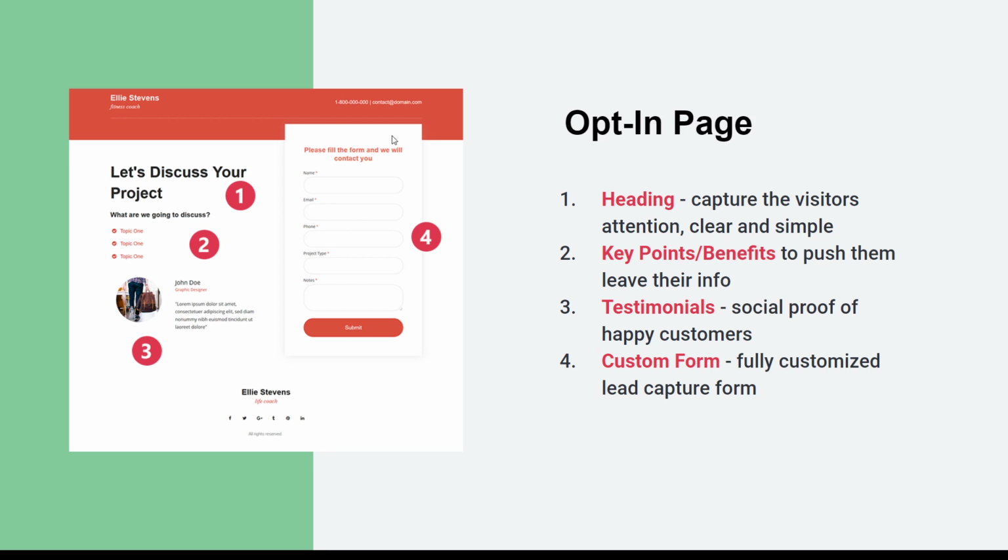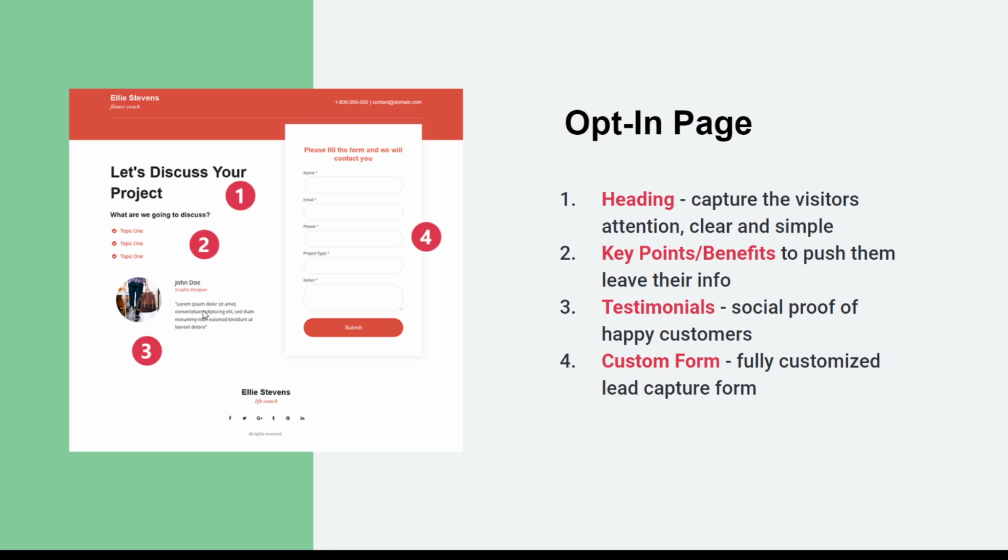And here we have a headline again, which in this case is, let's discuss your project. Obviously you can add whatever you wish as a headline, whatever the idea of the business is and why you want to capture their information. Some of the benefits again that you'll be discussing in a call, or what they'll be getting after contacting you. A testimonial is also nice if you can include it. It's obviously not mandatory.